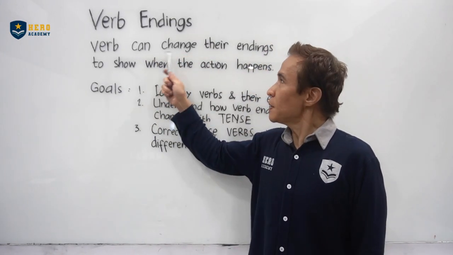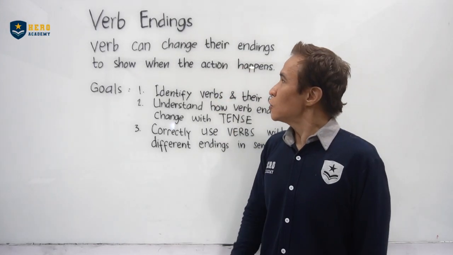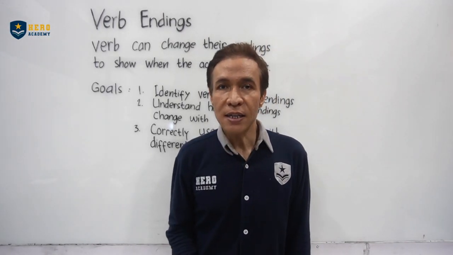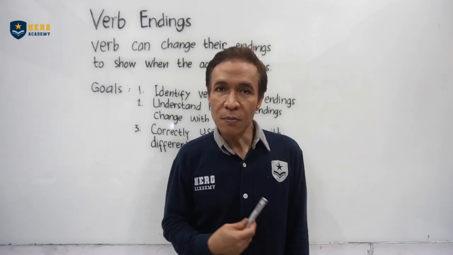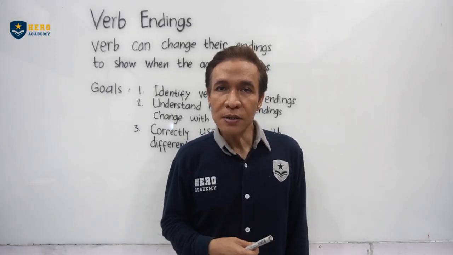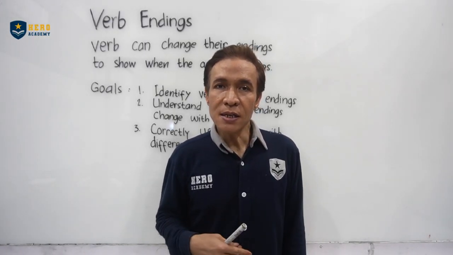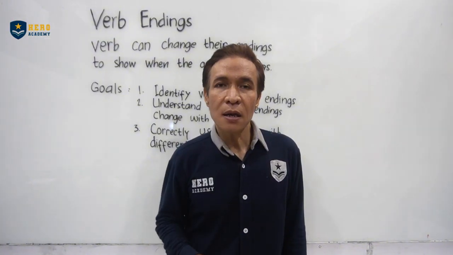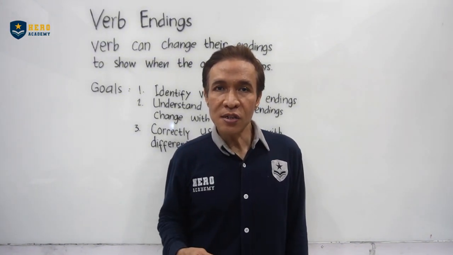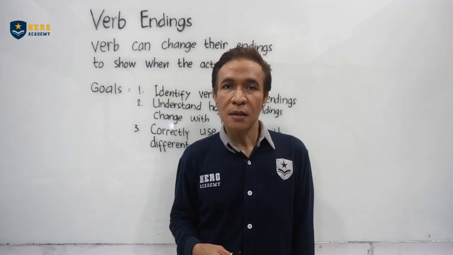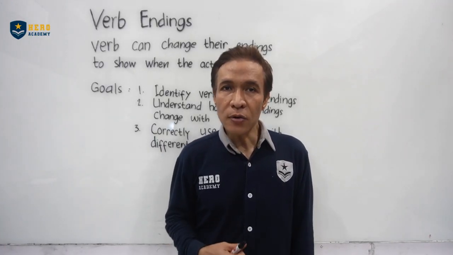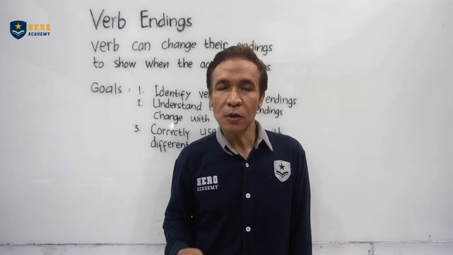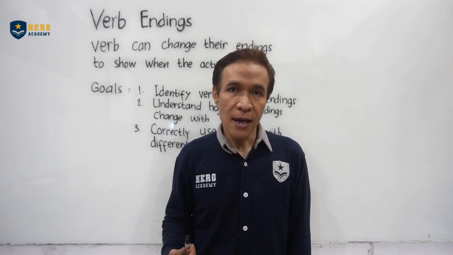Remember, verb can change their endings to show when the action happened. Like I said before, in simple present, when the action happened again and again, for the subject he, she, or it, we can add s or es. So the verb endings will be in s or es.